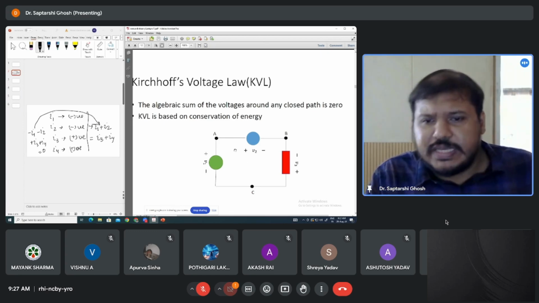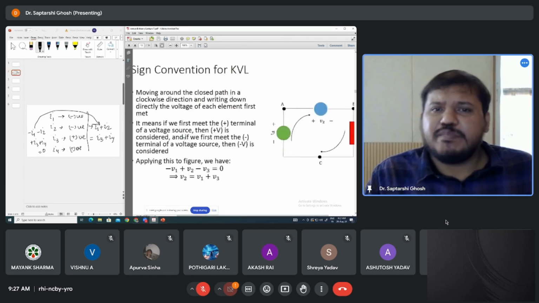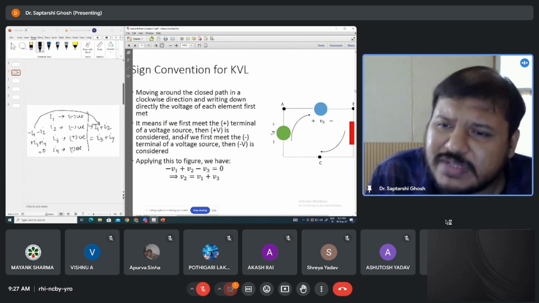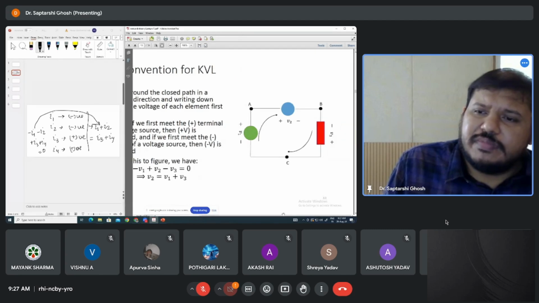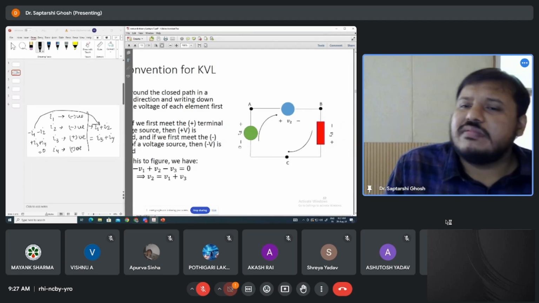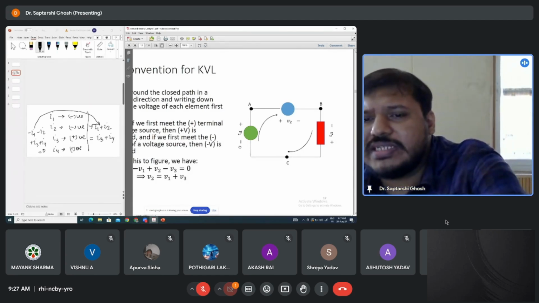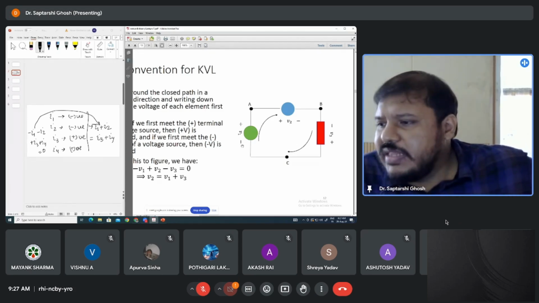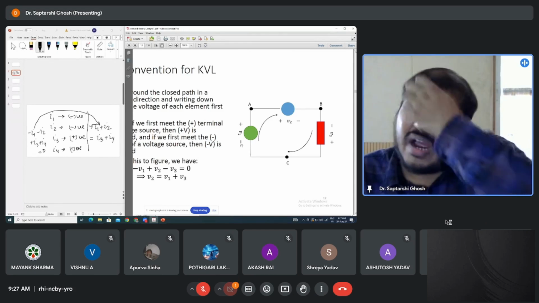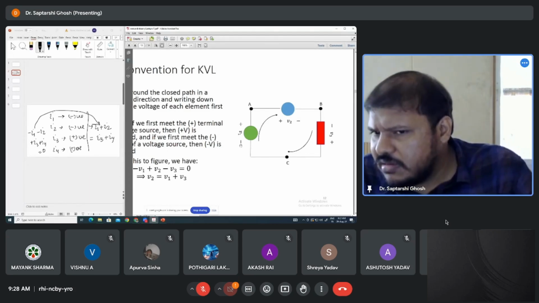We will see the same circuit here. So how do you have to apply KVL? The first thing you have to do is denote the plus minus signs. Let us say you have given the plus sign here and the minus sign here, but after solving the problem you may see that it is the opposite.